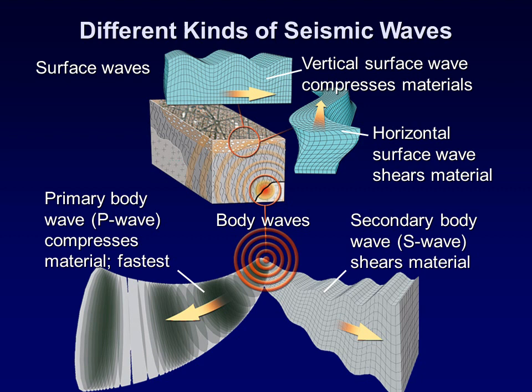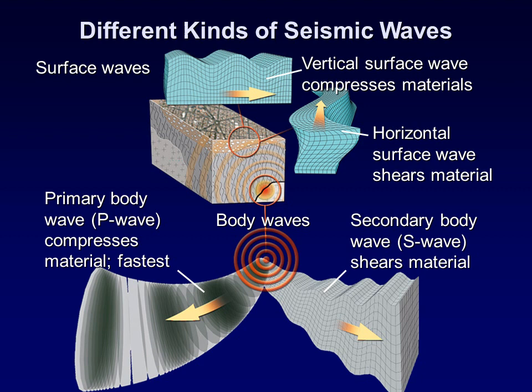So in your notes, we've got surface waves. What I want you to note here is that surface waves cause most of the damage. Surface waves cause most of the damage. Okay, the first type of surface wave we're looking at here is the Rayleigh wave, and that's a side-to-side movement.